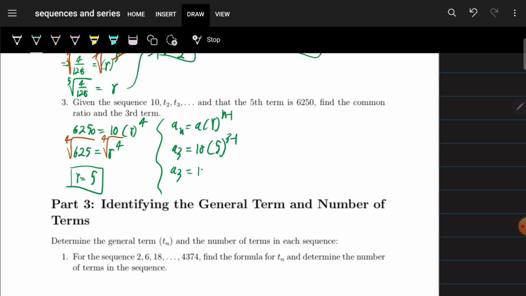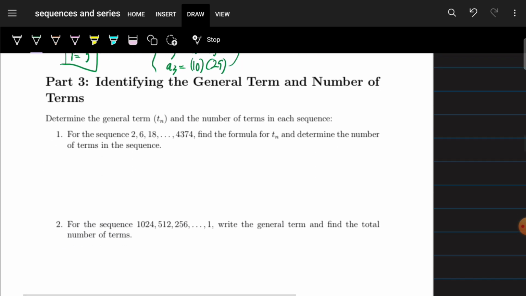So a3 is 10, 5 to the power of 2. So 5 squared is 25 times 10. This will give us that a3 is 250. Okay, so that's the answer for this problem.